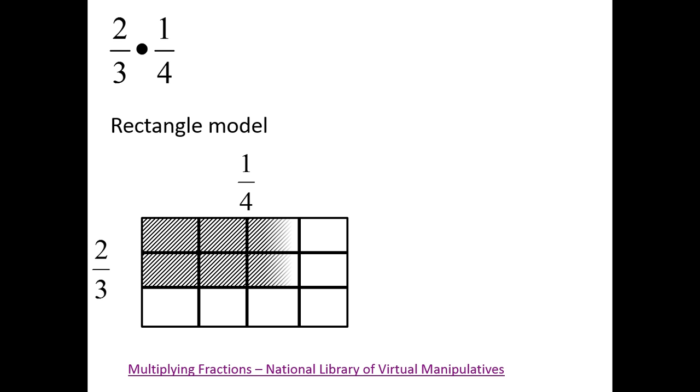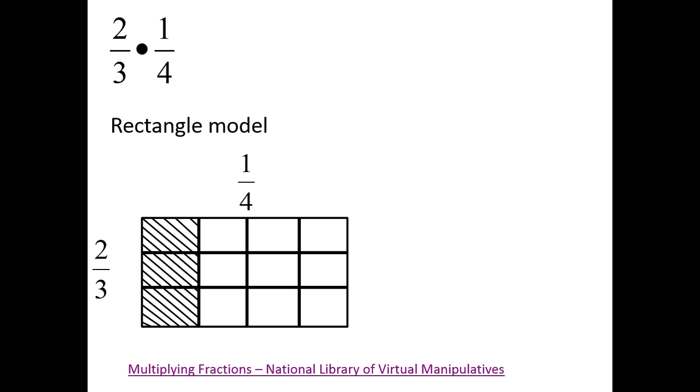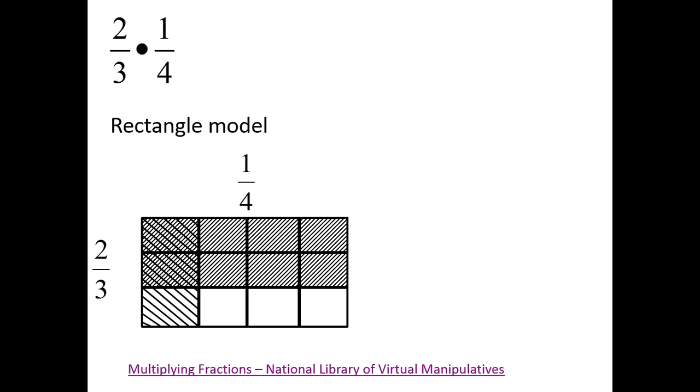Now let's think about the 2/3. 2/3 would be 2 out of the 3 equal groups of the whole, and 1/4 would be 1 out of the 4 equal groups of the whole. But we want 2/3 of that 1/4. So what we're going to look at is where the shading intersects in these two models.